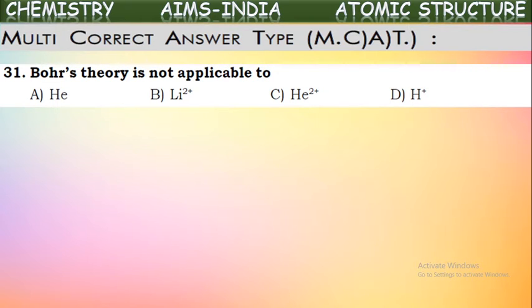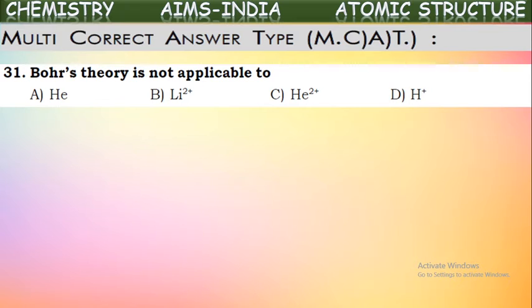Yes, we know Bohr's theory is applicable only for the single electron species like hydrogen and hydrogen-like species which are containing single electron in them. For example, hydrogen atom has single electron. If you see helium plus ion, He plus, it also contains one electron.